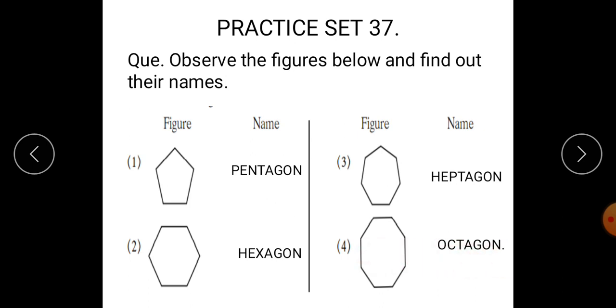Now, students, if possible, start this table from a closed figure having three sides, and extend the table up to a polygon with 15 sides at least. You have to find out the names of all polygons having 9 sides, 10 sides, 11 sides, 12 sides, 13 sides, 14 sides, and 15 sides.